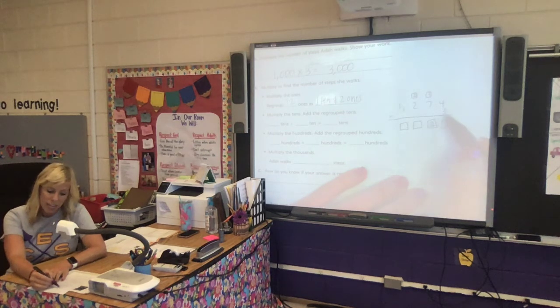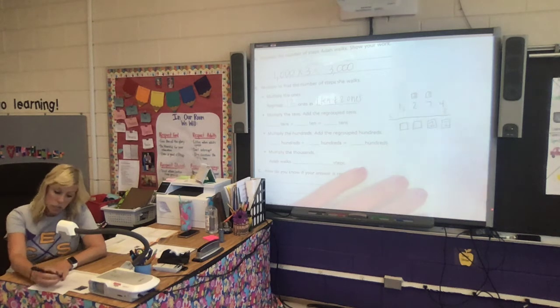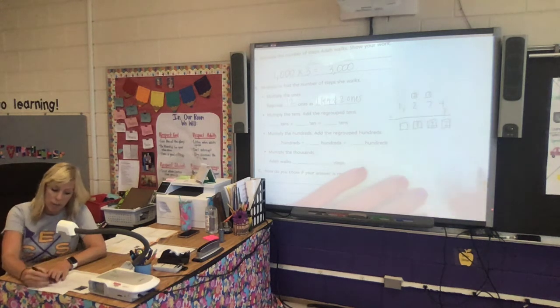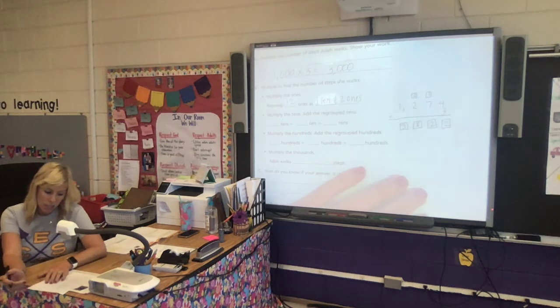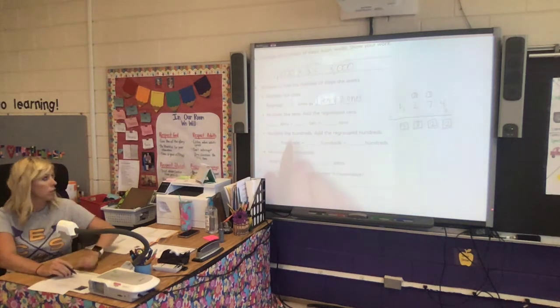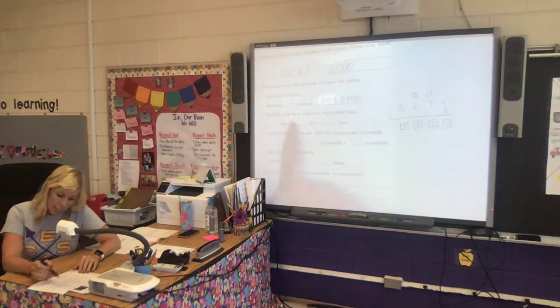So next I'm saying 3 times 200, which I know is 600, plus 2 more hundreds would be 800. I'm not carrying anything because my 800 is correct. And then 3 times 1,000 is 3,000. So, I forgot to do this while we were talking about it. Multiply the tens.